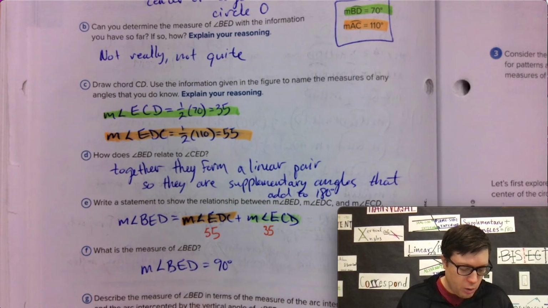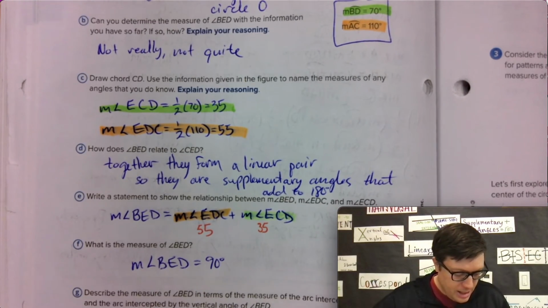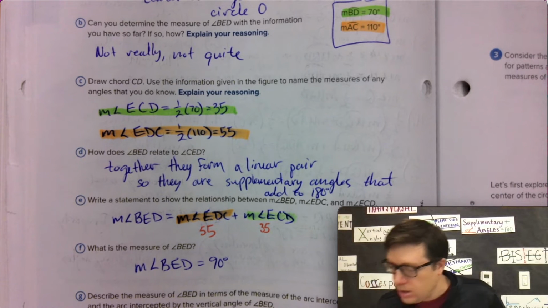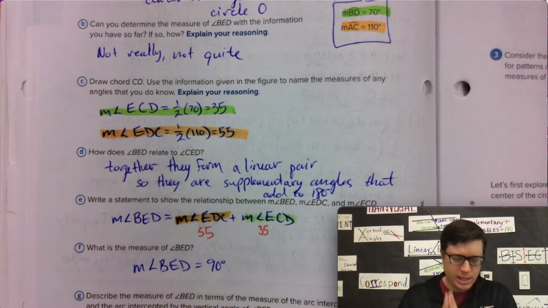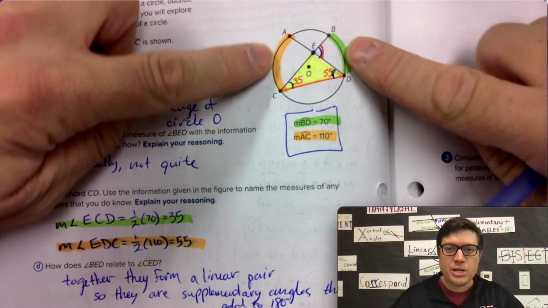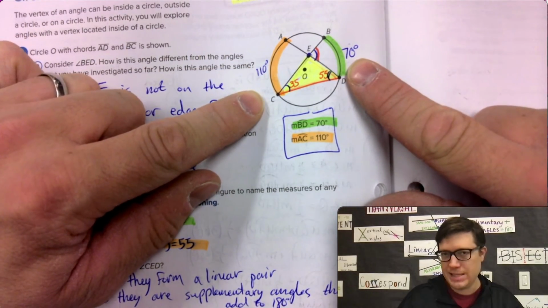Okay, so last one. Describe the measure of angle BED in terms of the arc intercepted by BED and the arc intercepted by the vertical angle of BED. It looks like this. If we added these two angles together, these two intercepted arcs together, right?